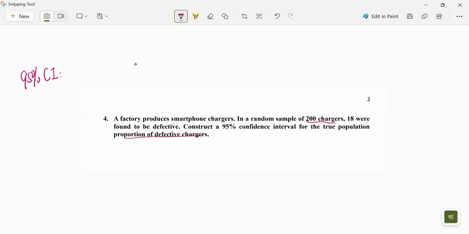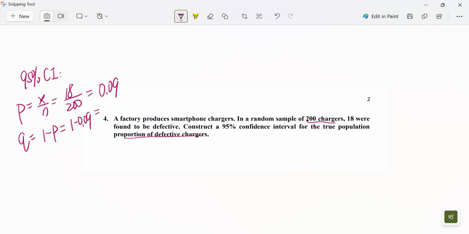So the p here will be equal to x over n, which is 18 over 200. This is 0.09, that's 9%. 9% of items are defective. The q is good items, so it's going to be 1 minus p. This is 1 minus 0.09, so it's 0.91.